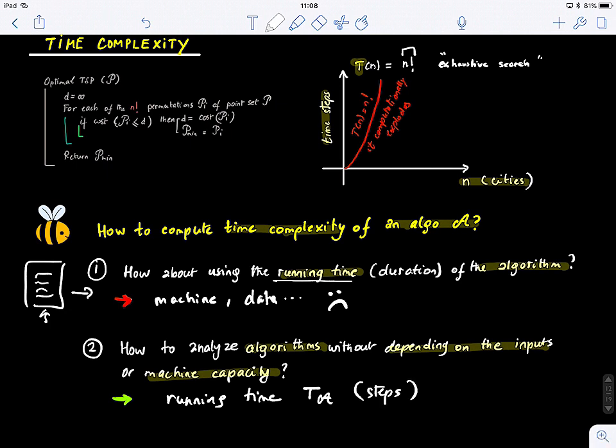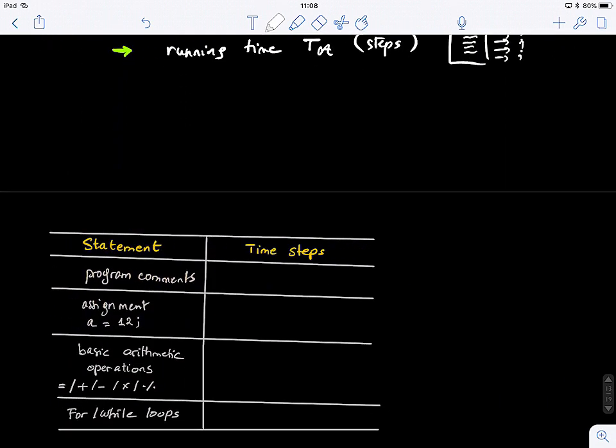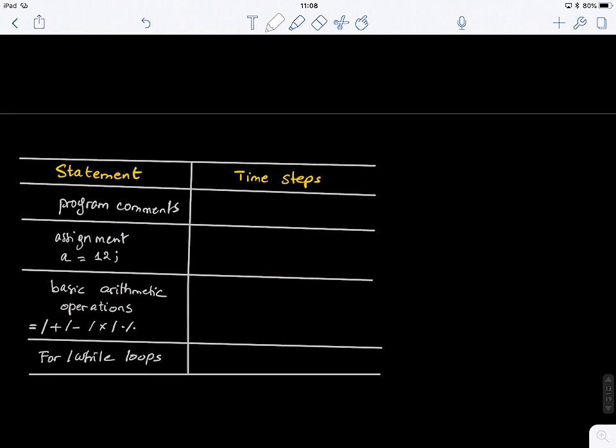This will be based on looking at the algorithm and deriving how many steps it's taking to run. So let's look at this. We can have many algorithms.